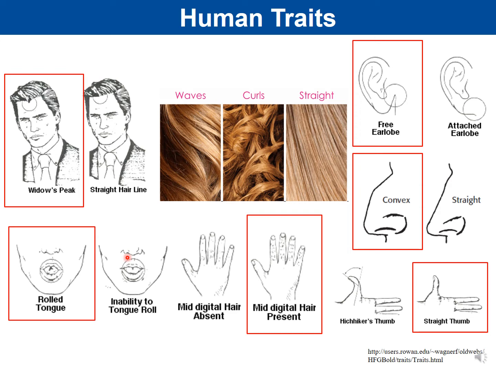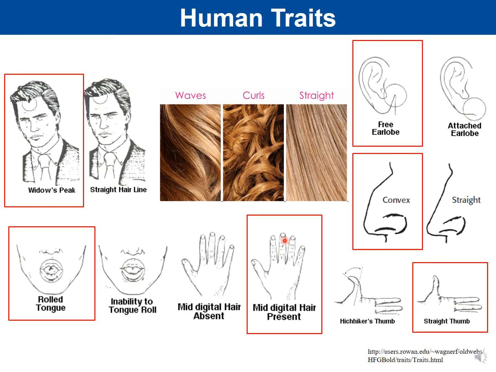If we're talking about the ability to roll one's tongue, think of it like making your tongue into a taco. If you can roll your tongue into a U or a taco shape, you have the ability to roll your tongue, and that's dominant over the inability to roll your tongue. Now, think about this for a minute.